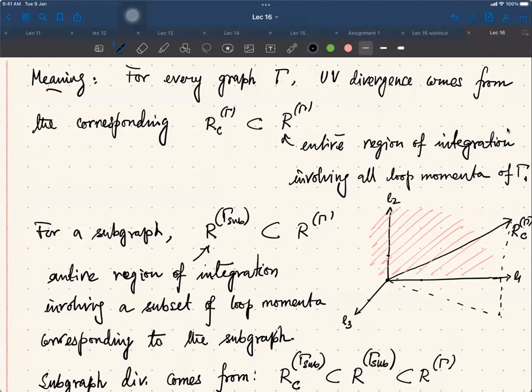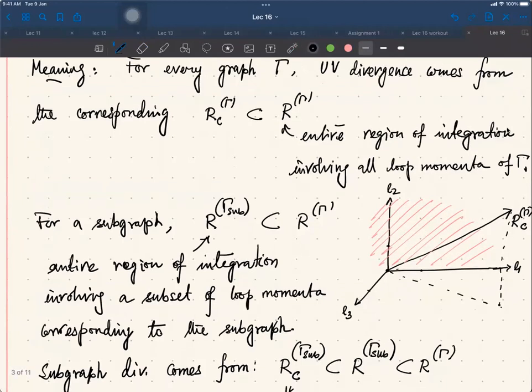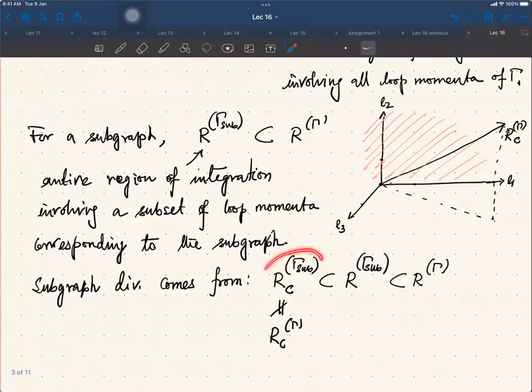If a subgraph corresponds to that subspace, then R gamma sub C will be the diagonal on that two-dimensional plane.